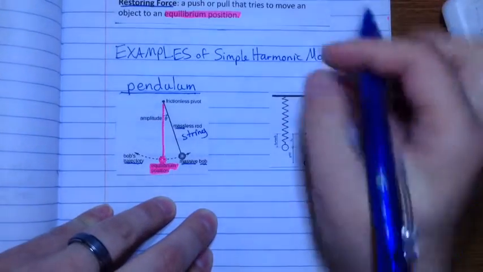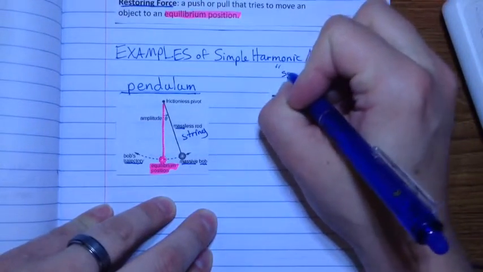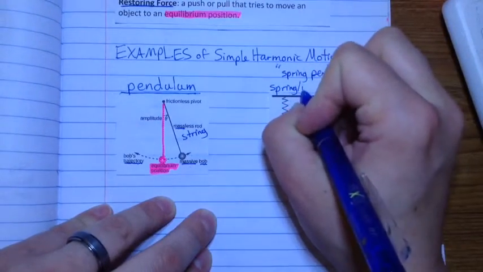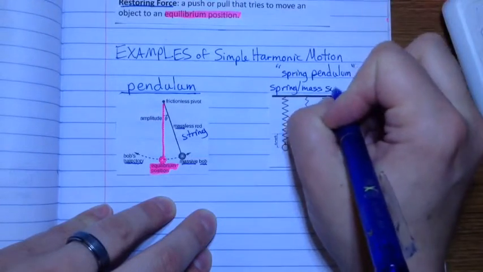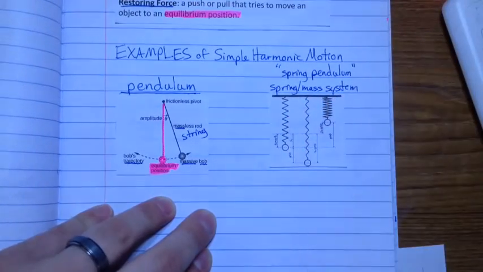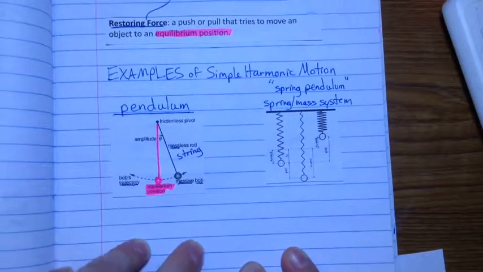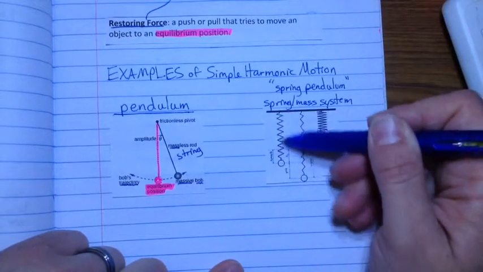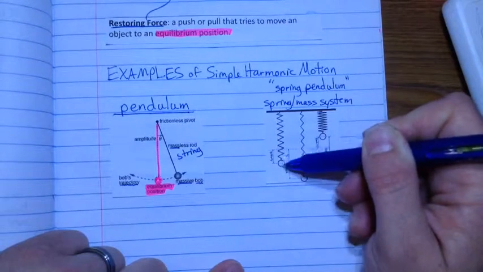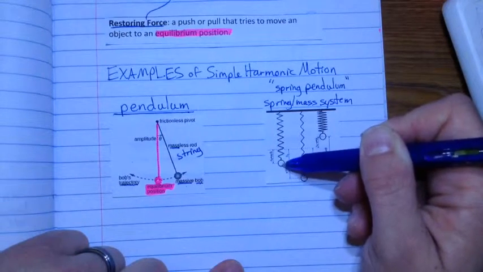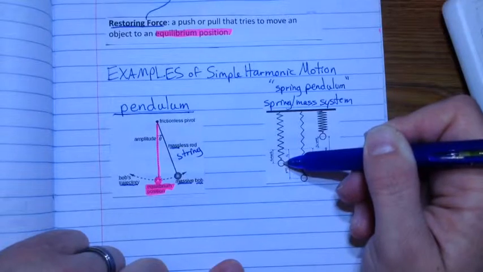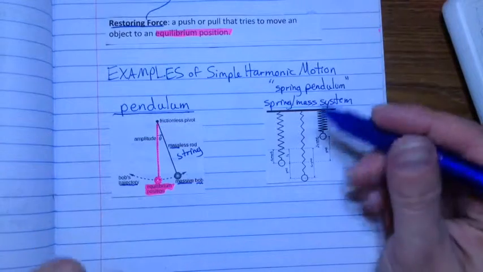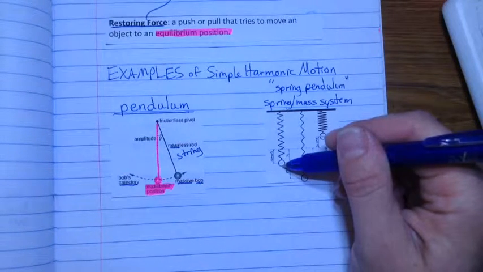This is traditionally called a spring pendulum, properly called a spring mass system. Either way, it's still the same thing. Imagine a spring being hung from the ceiling and you put something heavy on it, some mass, some bob at the end, and you just let it hang there. If I take the bob off, what's going to happen to the spring?